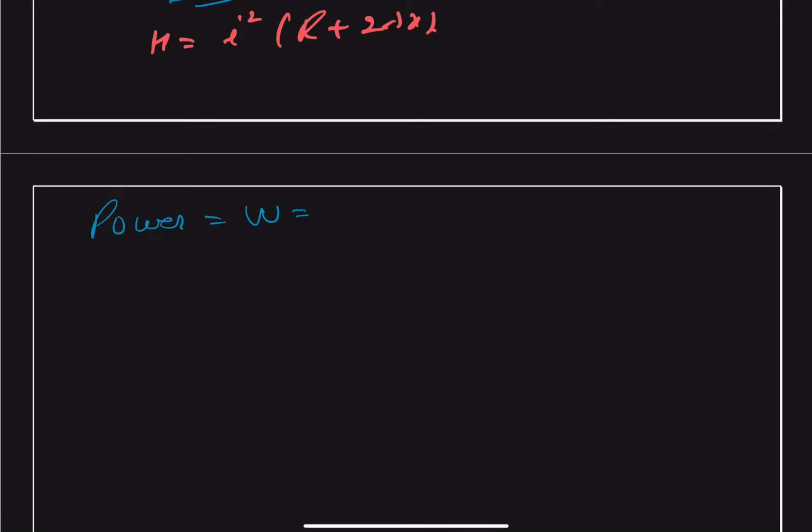So we can say work done W will be equal to force multiplied by, we have I, and this comes as (R plus 2 lambda x) divided by B d. And we have to find the fraction.